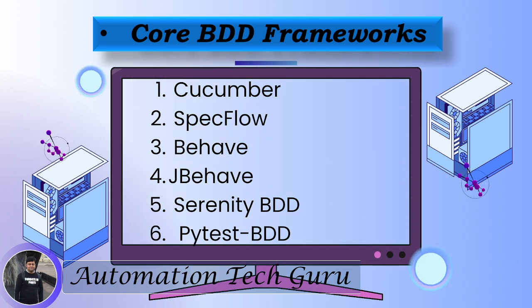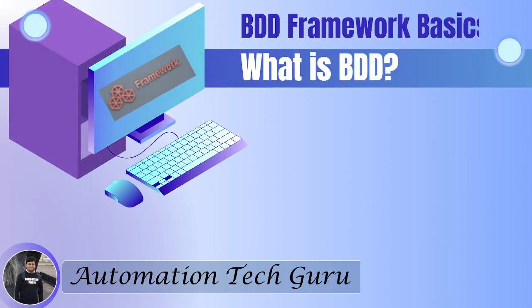These are the six different tools which we will see as BDD frameworks. Before going deep into all the core BDD framework tools, let's start with the BDD framework basics.